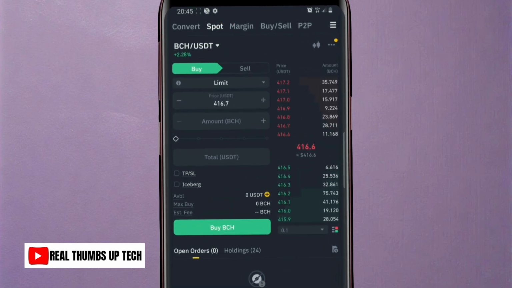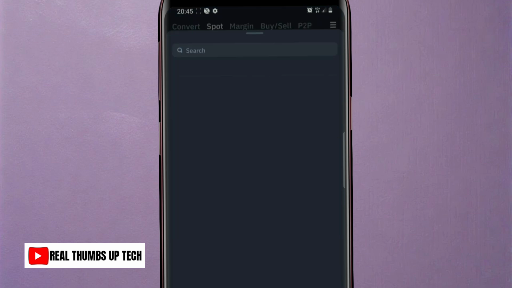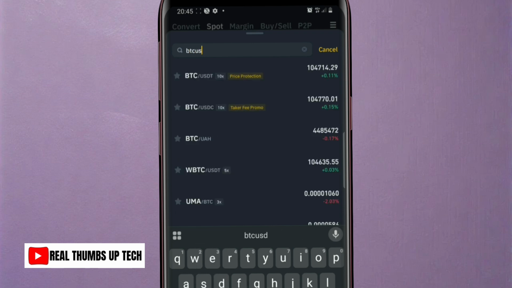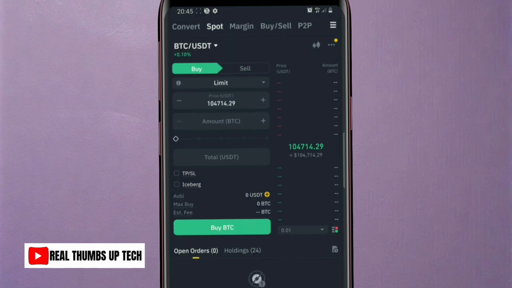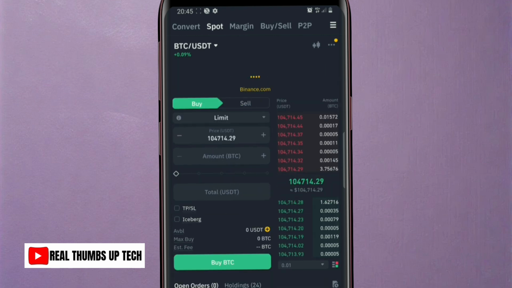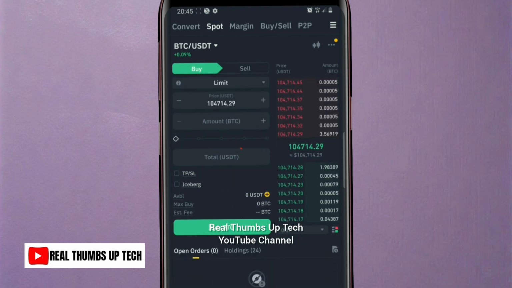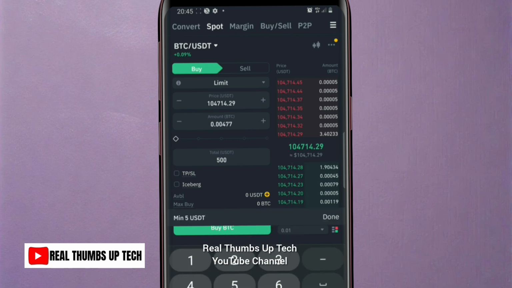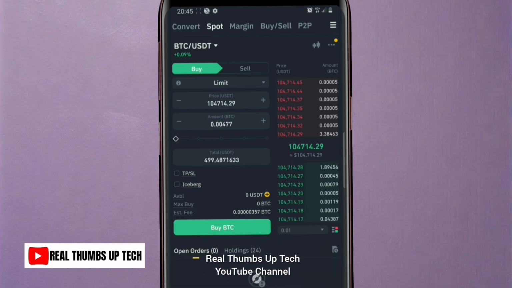Okay, so let me go over here and select the pair I want to work with. Okay, I search for BTC USDT. All right, I have this. So I now come over here under USDT. I want to buy 500 USDT worth of BTC. This is just a demo trade, okay? I now come over here.